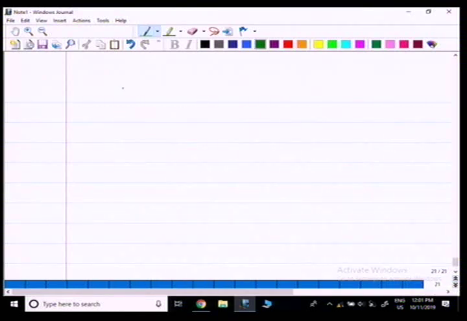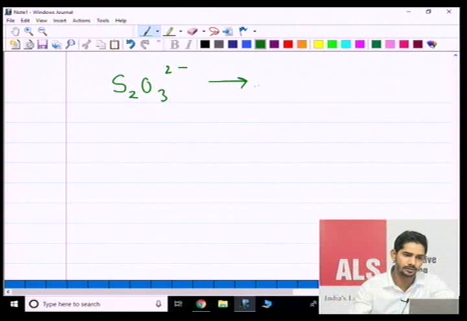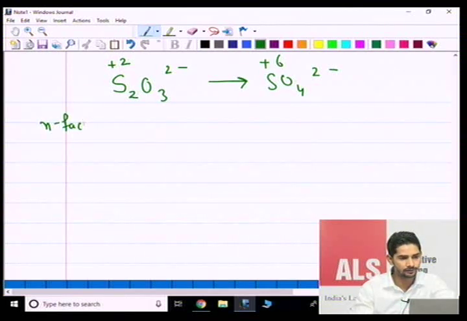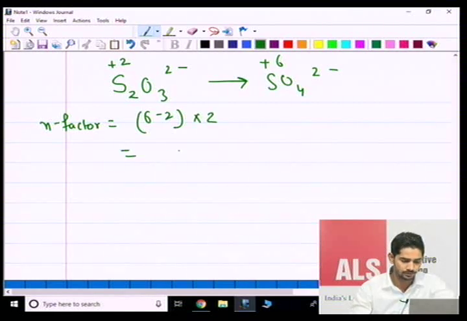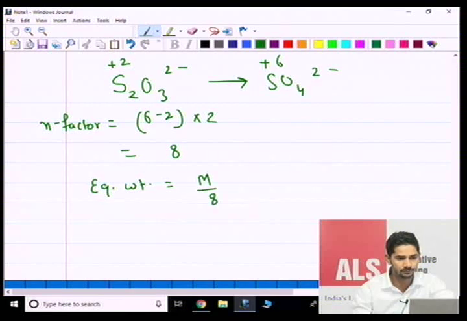S2O3 2 minus is giving SO4 2 minus, +2 to +6. Just calculate the n factor: 6 minus 2, into 2, which is 8. So equivalent weight will be M upon 8.